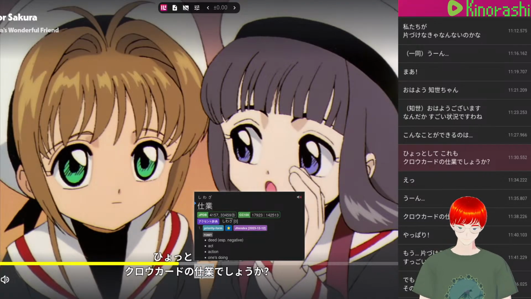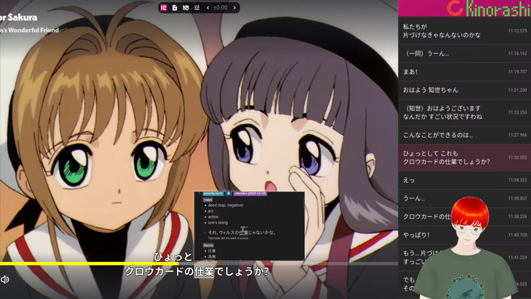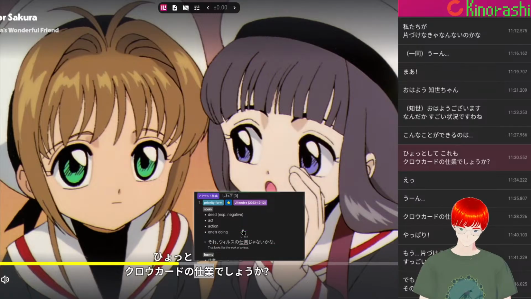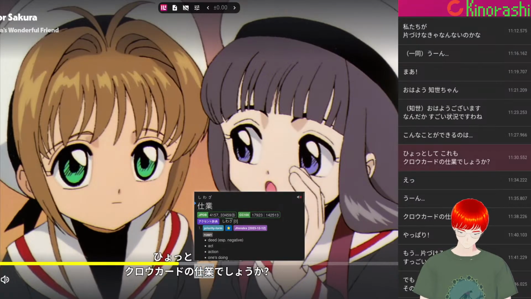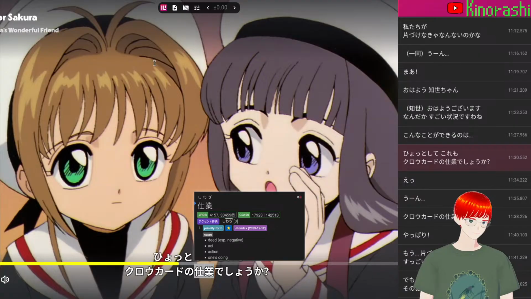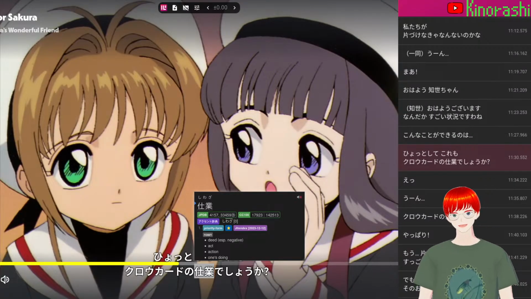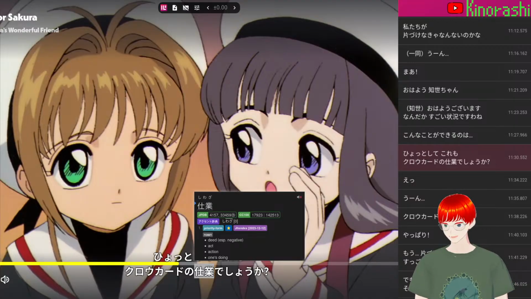Oh, it's not shigoto, it's shiwaza, deed, act. Could this be the act of a Clow Card? Let's see, this kanji comes from attend, doing, official, serve, and then business, vocational, art, performance.